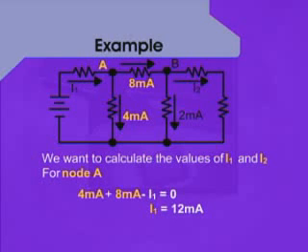Rearranging this equation, we can easily calculate the value of I1, as this is the only variable which is unknown to us. Therefore, I1 is equal to 12 milliamperes.